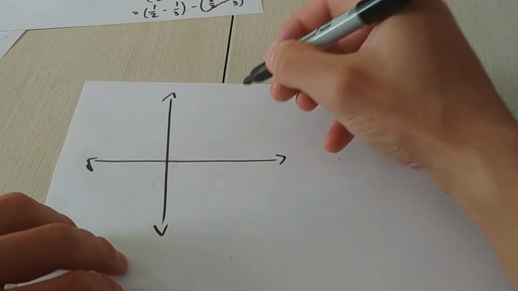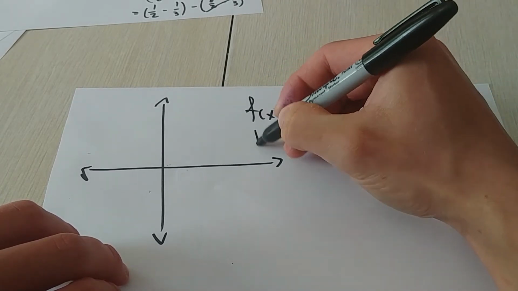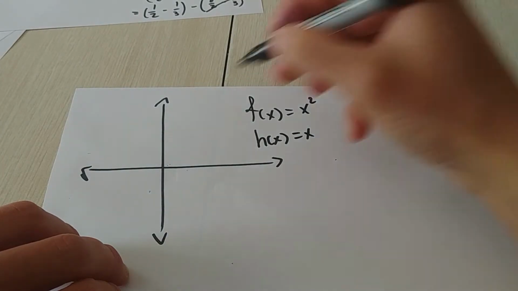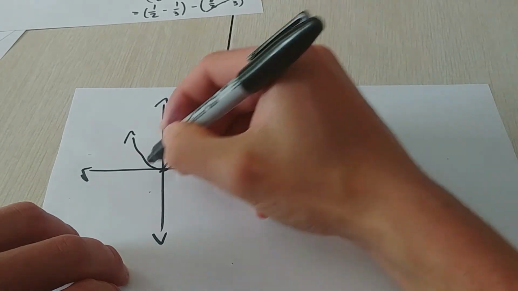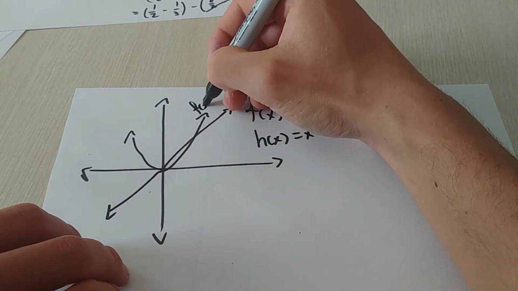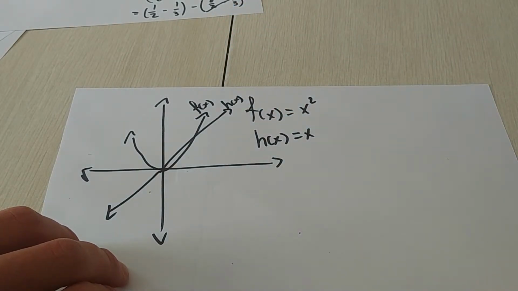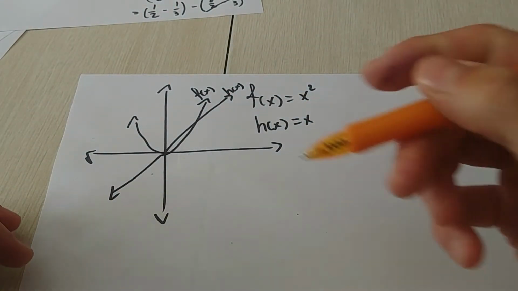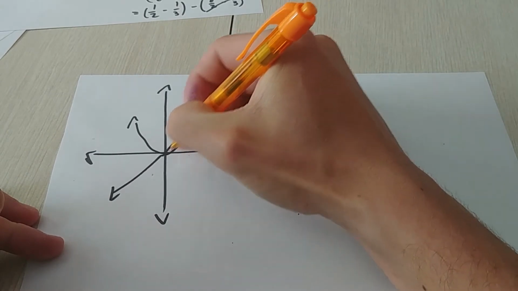Let's get back our f of x, which was x squared. So this was f of x, this was h of x. Now the area between these two is this orange piece that I'm going to color in.